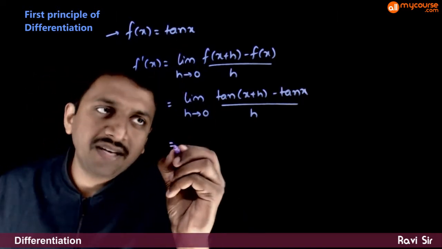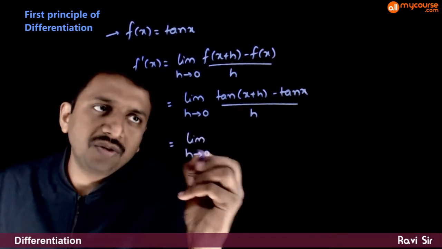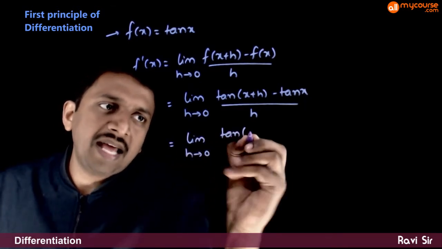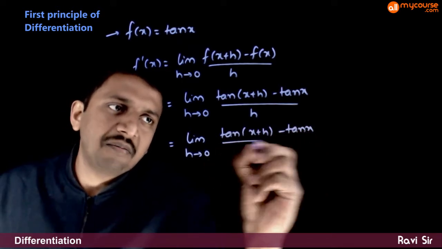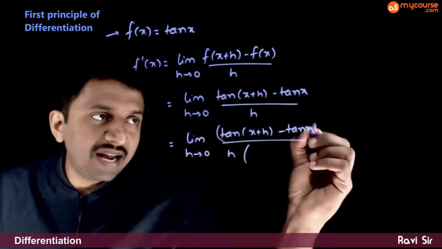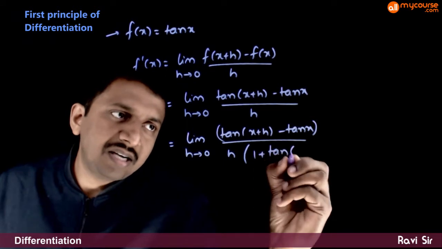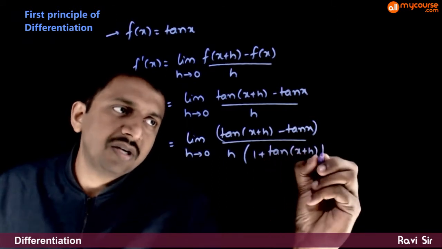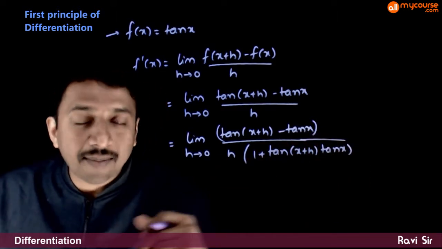So how can you find this limit? What I do is, for limit h tends to 0 of tan(x+h) minus tan x by h, I'll multiply and divide this fraction with 1 plus tan(x+h) into tan x. Let us see what happens if I do that.